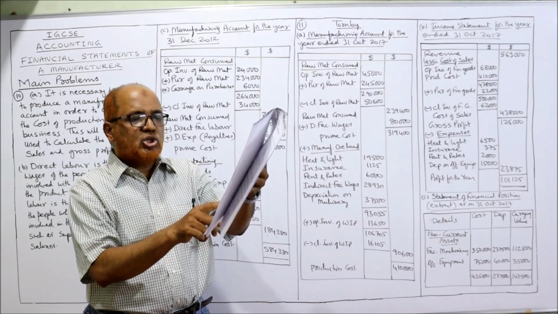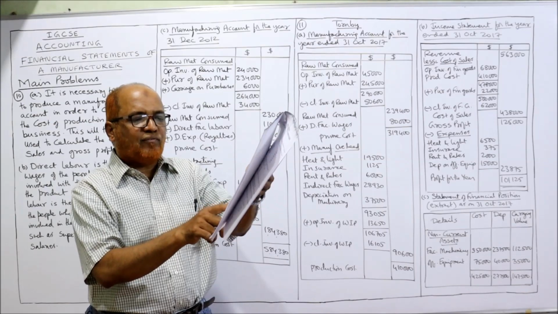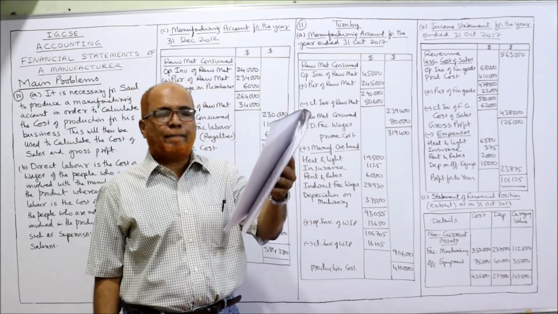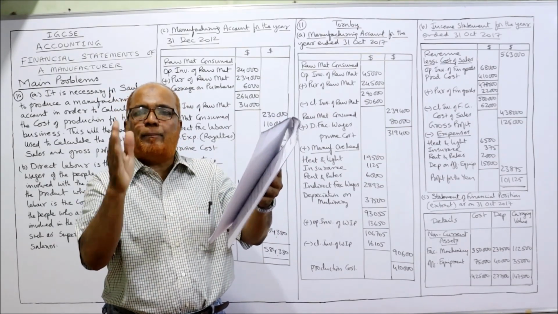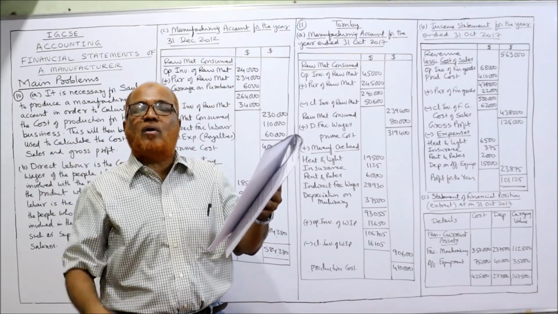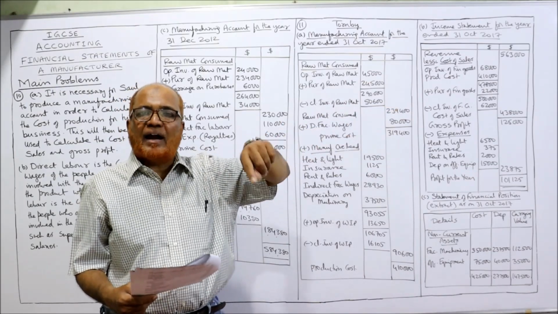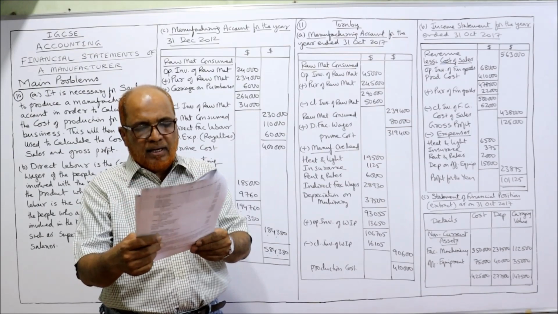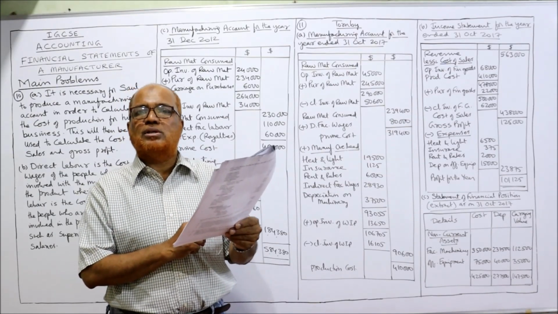Heat and light, insurance, rent and rates are to be apportioned 3/4 to the factory and 1/4 to the administration building. So wherever heat, light and insurance is there, we apportion 3/4 to the factory and 1/4 to the office. Office means it goes to income statement. Factory means it goes to the manufacturing account. Example, heat and light. Heat and light is given 26,000.